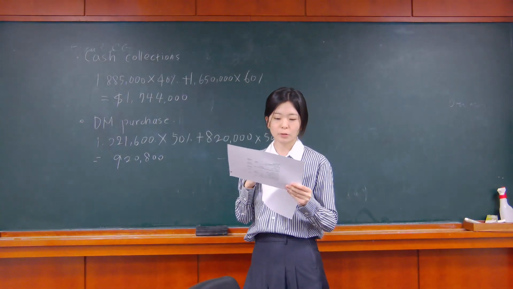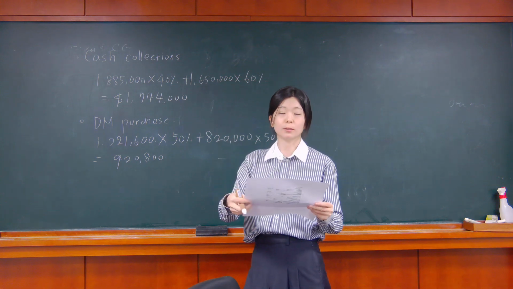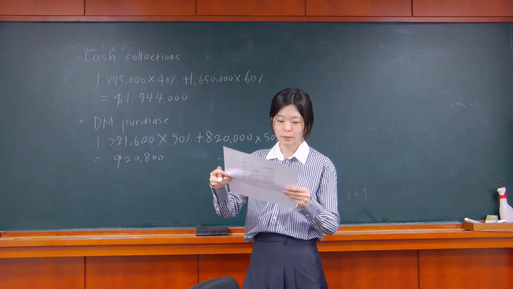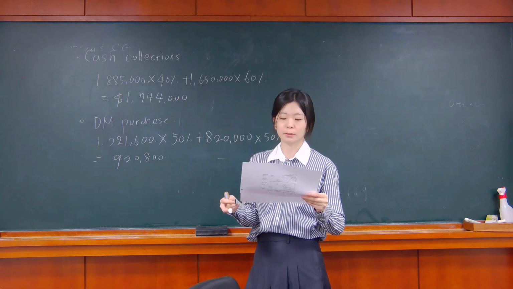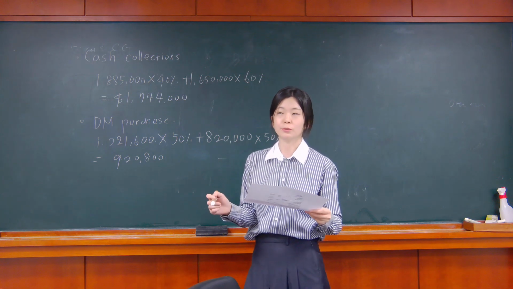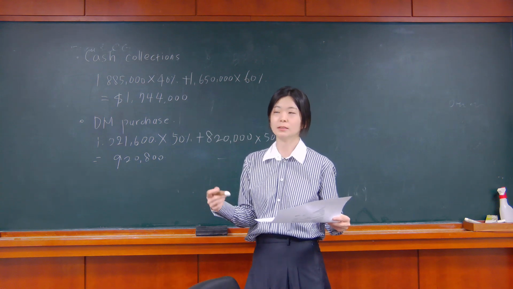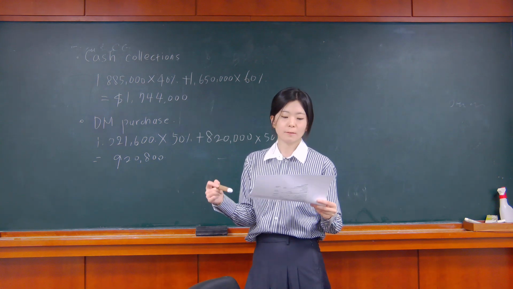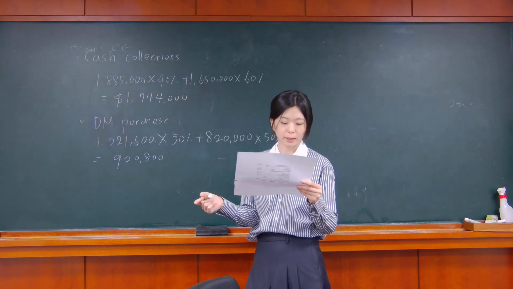Next thing we need to make adjustments for is for the fixed MOH as well as the fixed non-MOH. So it says out of the fixed manufacturing cost, $64,000 are depreciation. So depreciation cost is not related to cash, right? That's something that we need to subtract from the accrual basis fixed overheads that we have calculated.